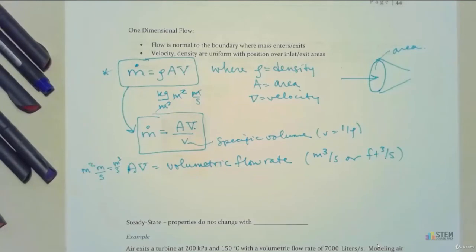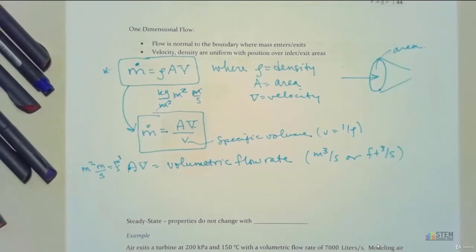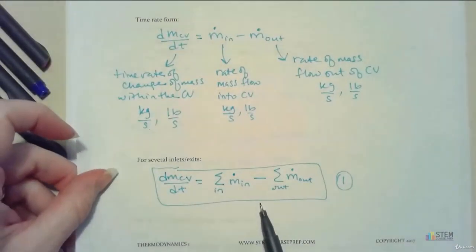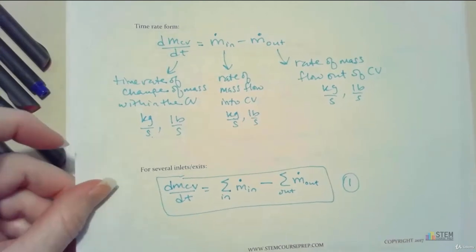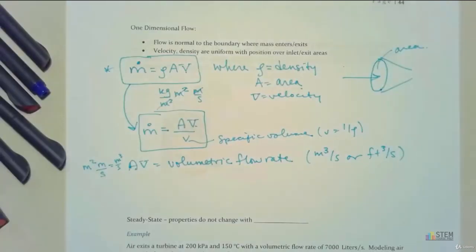Now we've got a couple of other things to talk about before we get finished with this. To round this section out, let's go back to our equation 1. In case you've forgotten, this was the equation 1, several inlets and exits. So we're going to be looking at that equation.